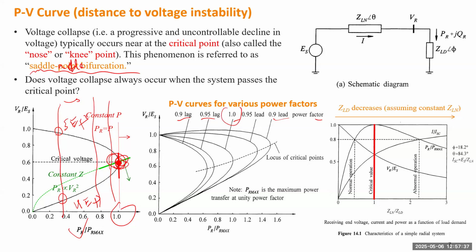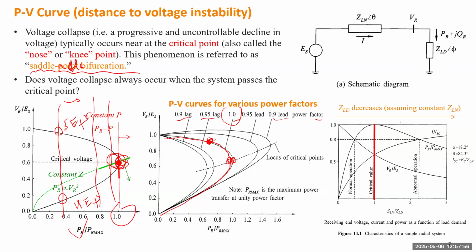For instance, if the power factor is 1, it will follow this PV curve, and this will be the stability limit. So you need to make sure to operate before that point is reached. The PV curve is very useful to estimate how far you are from the critical point.